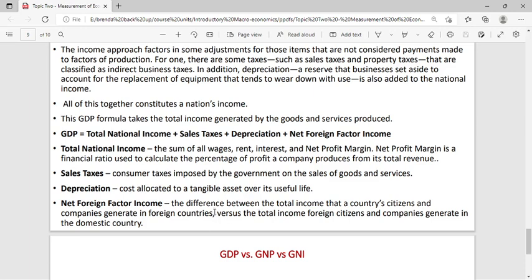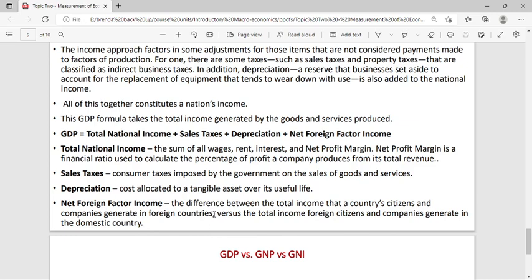For example, we have our girls and boys working in Arab countries, in Dubai. So what they earn versus the total income foreign citizens and companies generate within our countries.